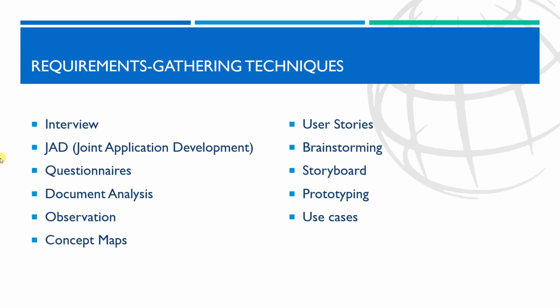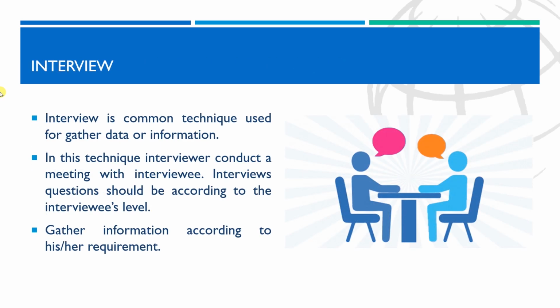It's the better way. These are the interview, joint application development, questionnaires, document analysis, observation, concept maps, user stories, brainstorming, storyboard, prototyping, and use cases. And there are others, but these are the most important or most used. And we start with the interview.